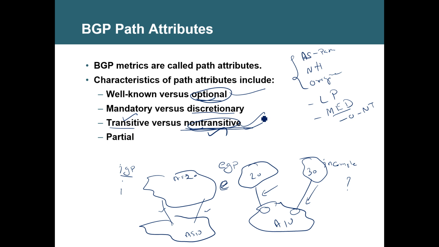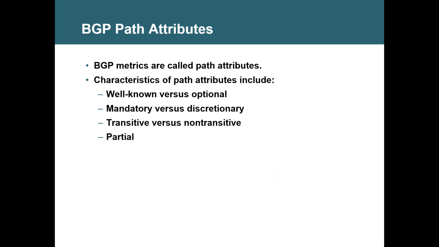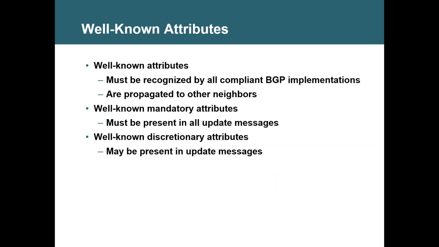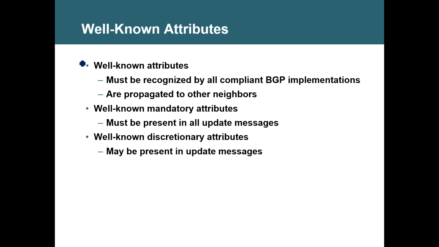If any vendor says it is okay, even if it is not there, I'll still consider that update as a partial update and I'll use it, then it comes under optional transitive. I don't have an example for optional transitive in Cisco. Now, a clear definition for well-known, mandatory, and discretionary.